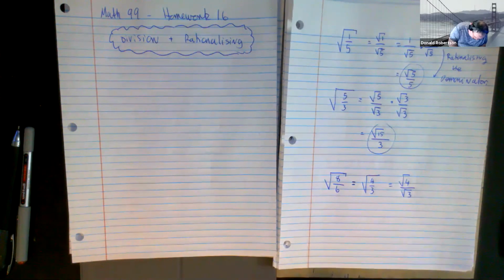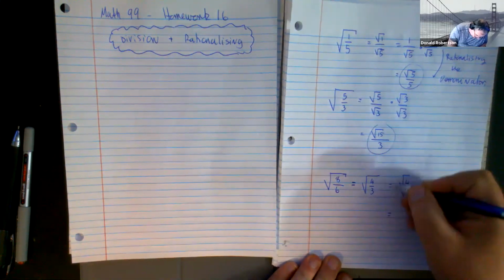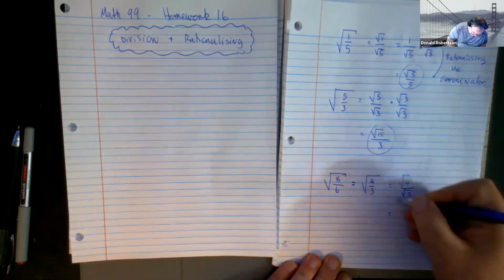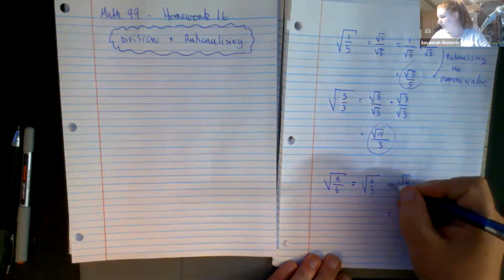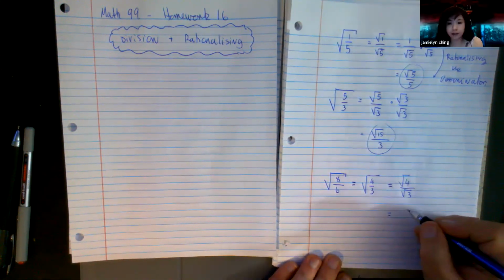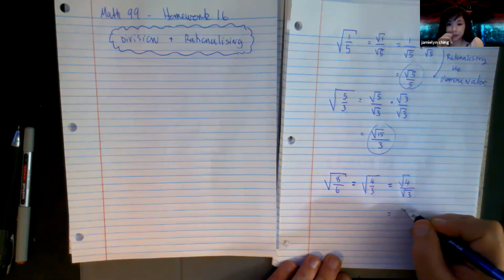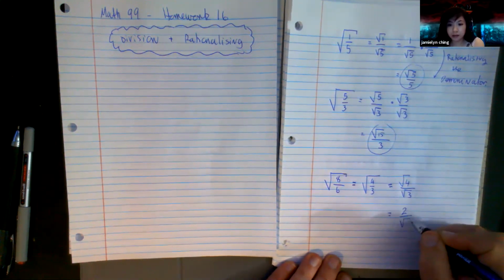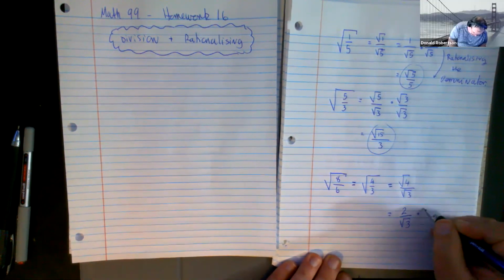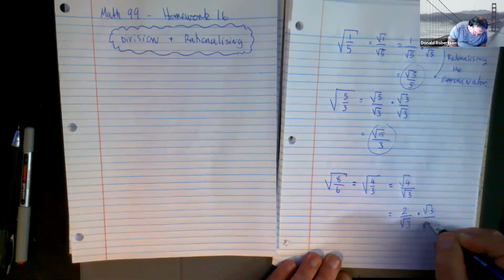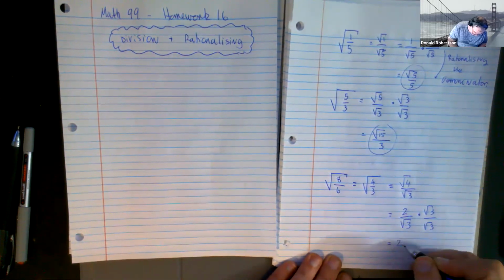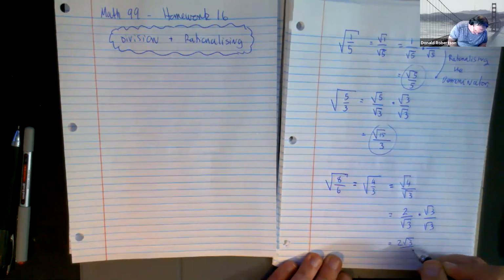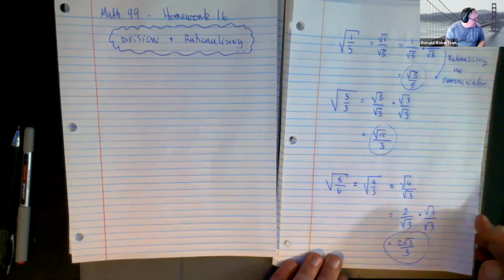Can you see anything interesting in this particular fraction, this division? Do you want to simplify the 4 to a 2? Agreed. And now rationalize the denominator. And that's the answer that we're looking for.